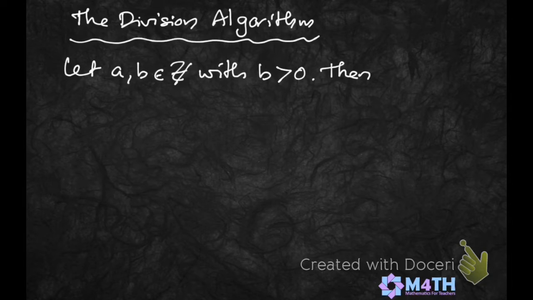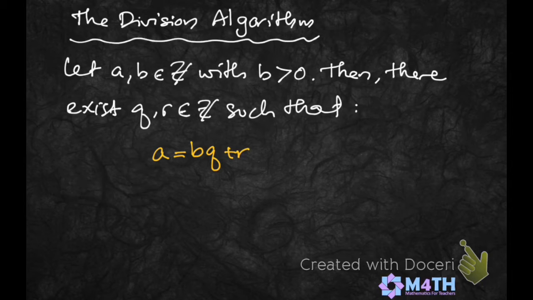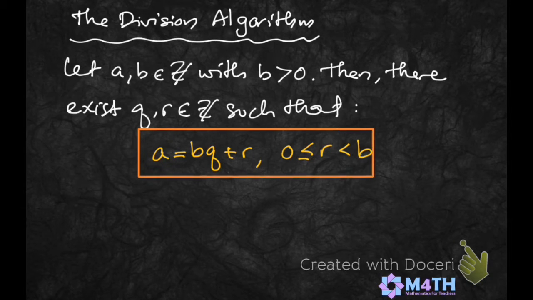Then we can find the integers q and r such that we can write a equals b times q plus r, where r is between 0 and b. So this is what we call the division algorithm.